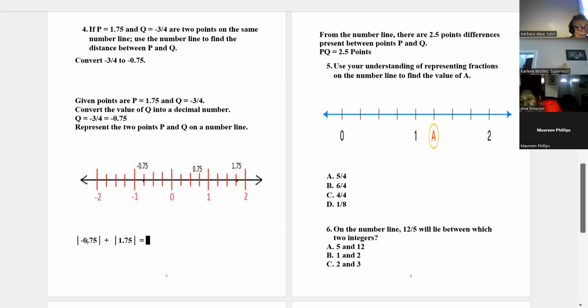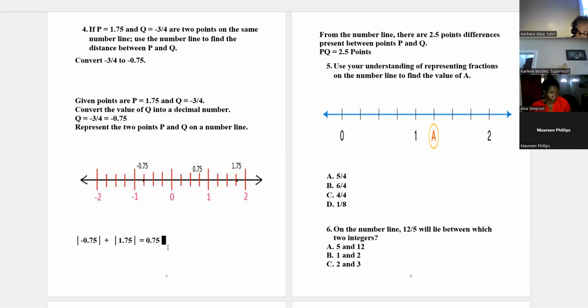It's the number between the vertical lines without a sign. So what would I write for the absolute value of minus 0.75? It would be 0.75. Very good, Alva.